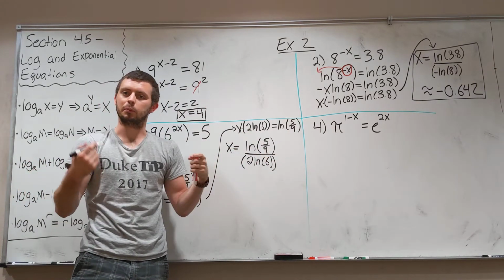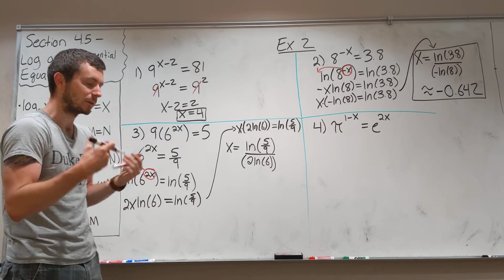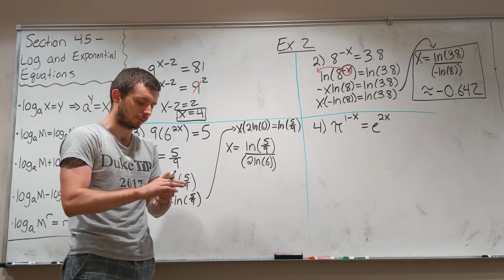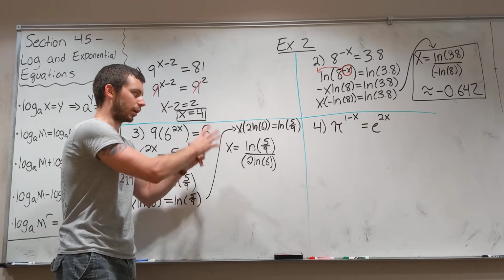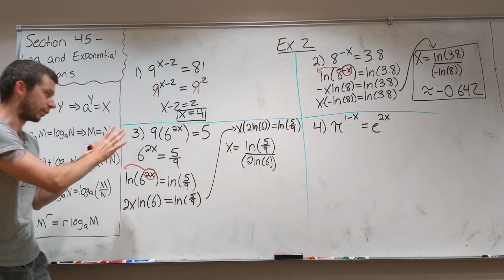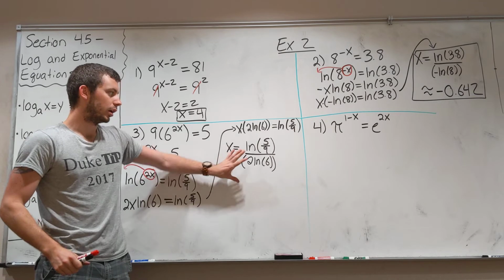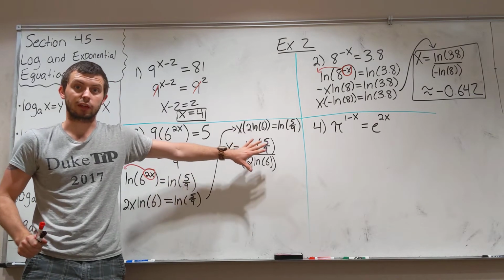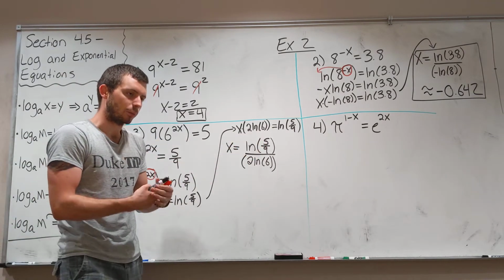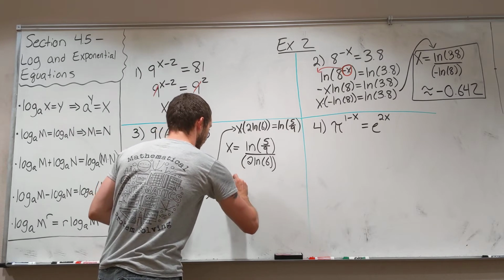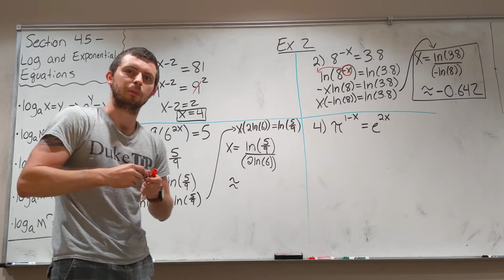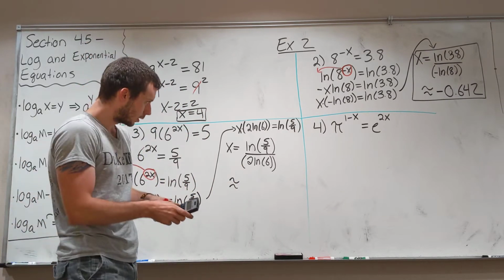As I said, these problems get pretty intense. They get fairly intricate. So that's why I want to make sure you understand step by step what's going on here. And so this would actually be your exact answer right here. And we do have to figure out this answer approximated to 3 decimal places.